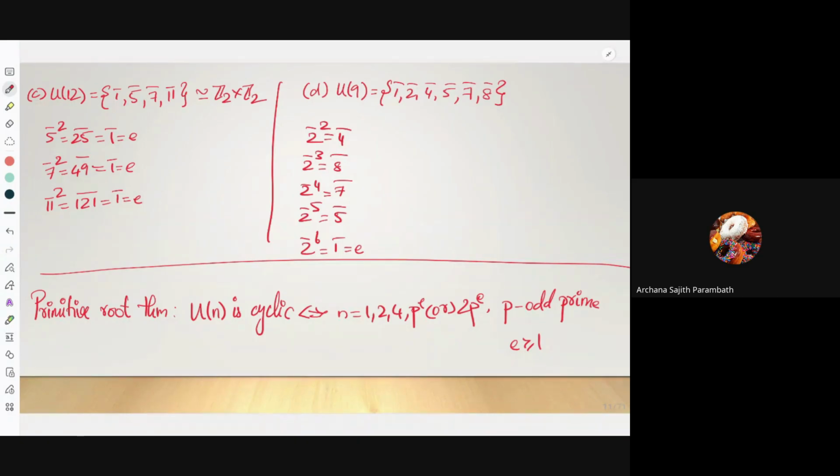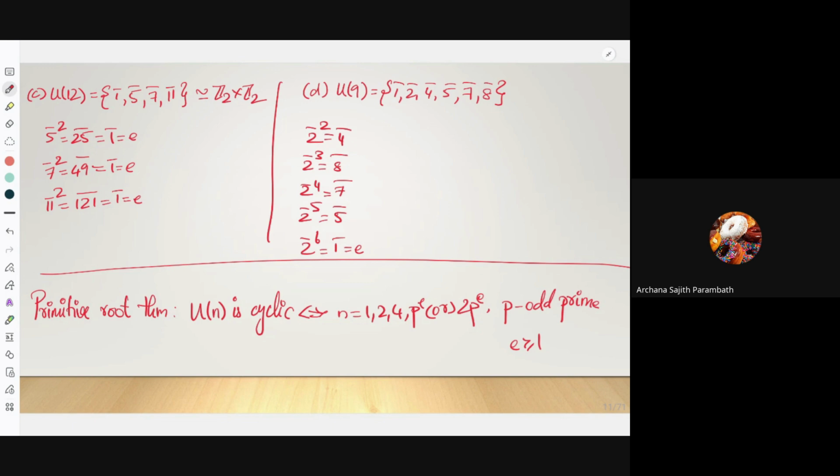So this is an important theorem which saves a lot of time whenever we are checking questions such as this. This is called the primitive root theorem. So p is an odd prime. So the only powers of 2 for which Un is cyclic is basically n equals 1 to 4.